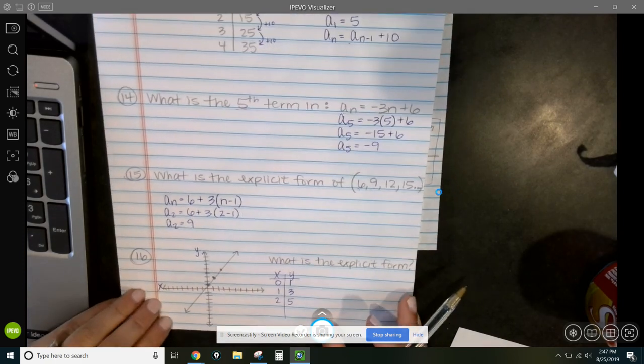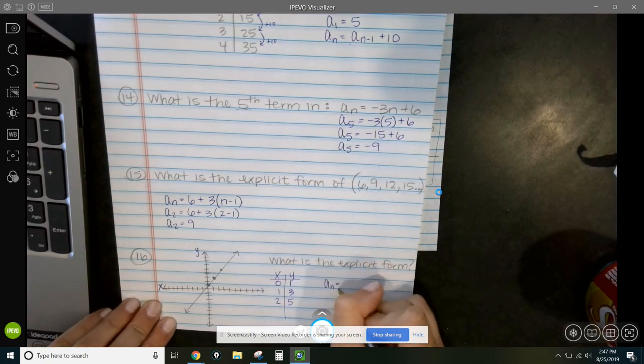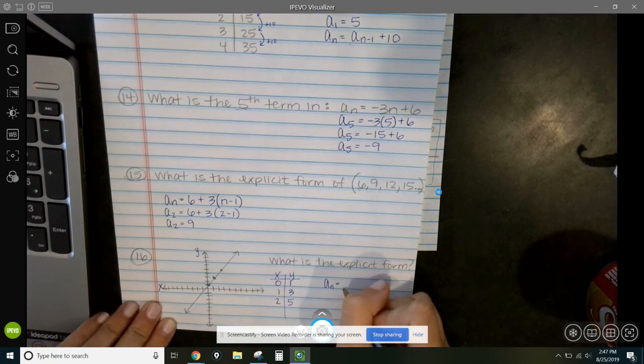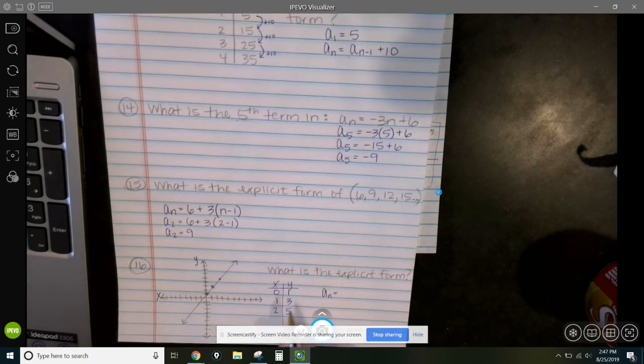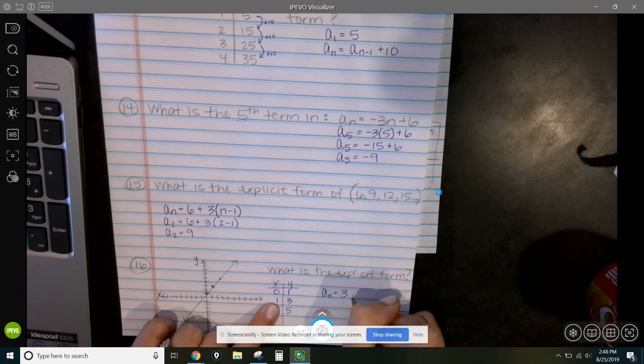the explicit form. So again, I'm going to start with a sub n. And what I started with here, my a1, my first number in the sequence, even though there is a 0 here, with this sequence notation, they want to know what the first number was for x equals 1. That one equals 3, so I'm going to put down a 3.